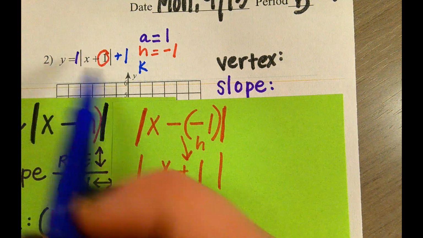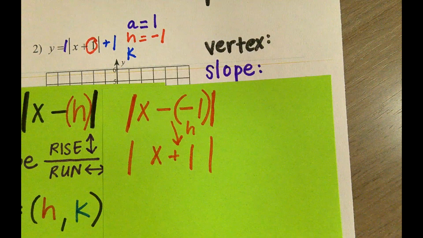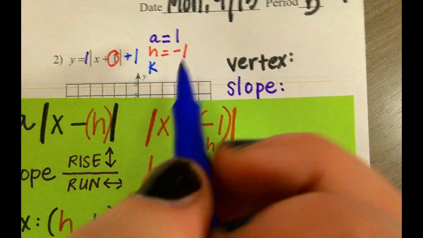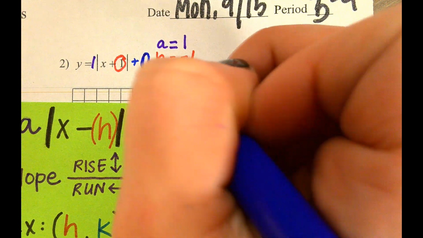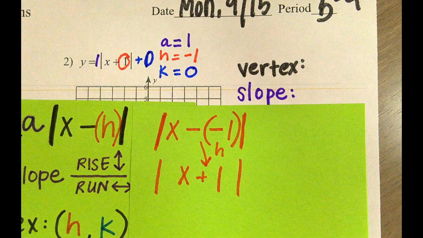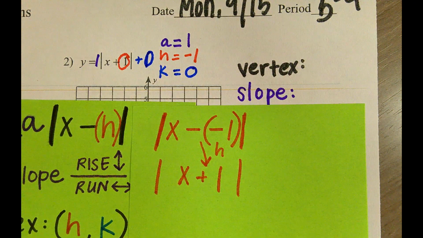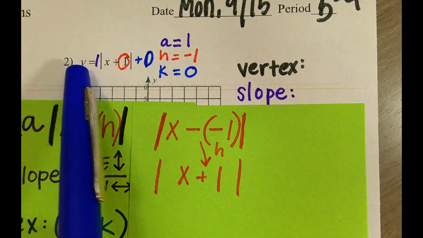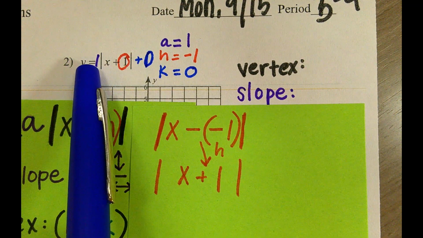It would say y equals 0. A is 1 when there's no number. K is 0 when there's no number. Does that make sense? Because this is something being added, and this is something being multiplied.